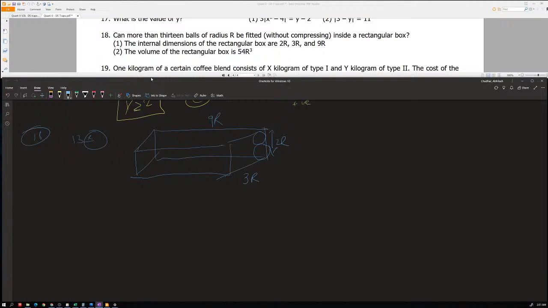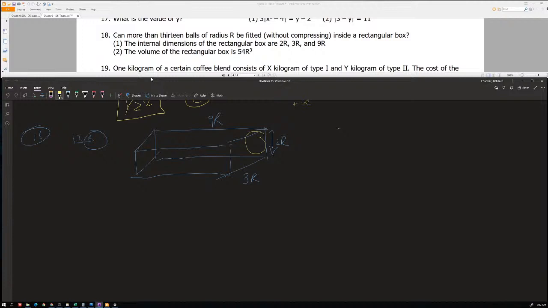Oh, okay, radius R. So we can only fit one ball. I'm sorry, because 2R will be the diameter. So definitely we can fit one ball here. And since it's 3R, I don't think we can fit more on this.